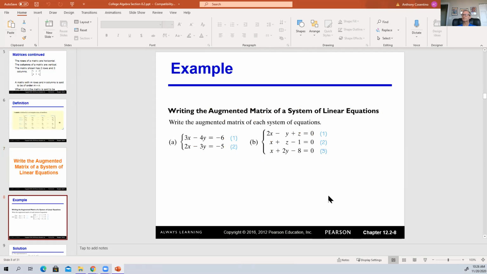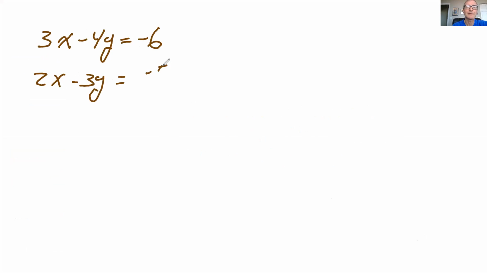And so let's take these two as an example. So I'm going to pull up the whiteboard here and do these two up here. So that'd be minus 6 and 2x minus 3y equals minus 5.